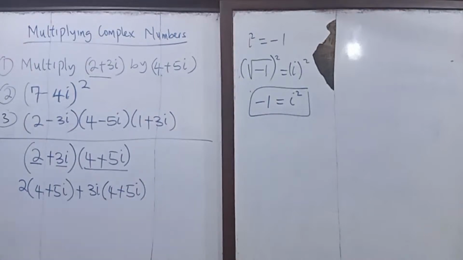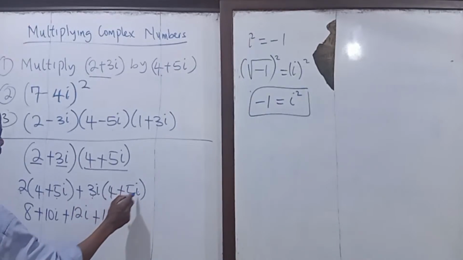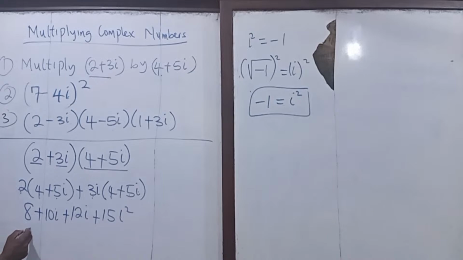Begin to do the expansion. 2 times 4, that's 8. 2 times 5i, that's 10i, plus 3i times 4, that's 12i, plus 3i times 5i, and then i times i, that's i squared. Then we have 8 plus 10i plus 12i. This i squared, as we know, is minus 1, and that turns that place to minus 15.